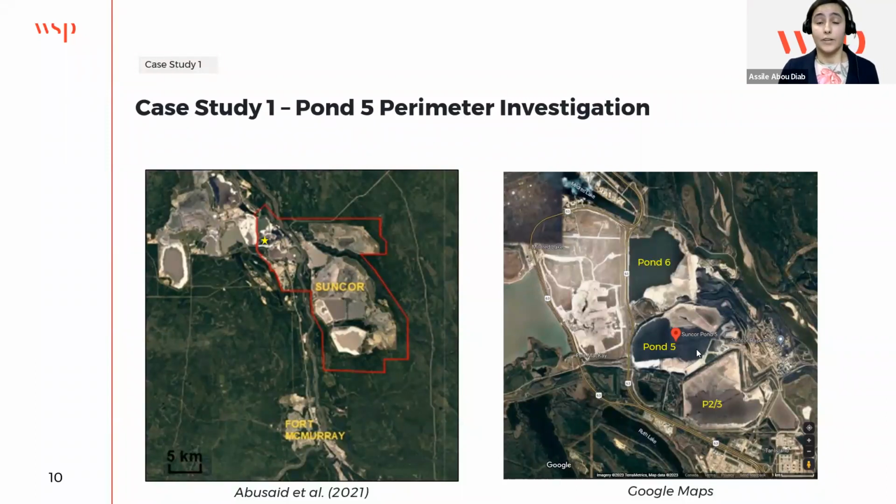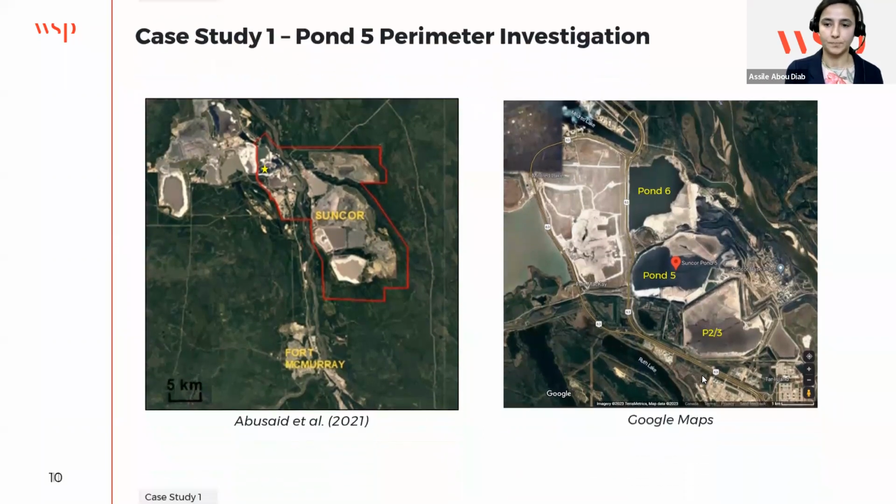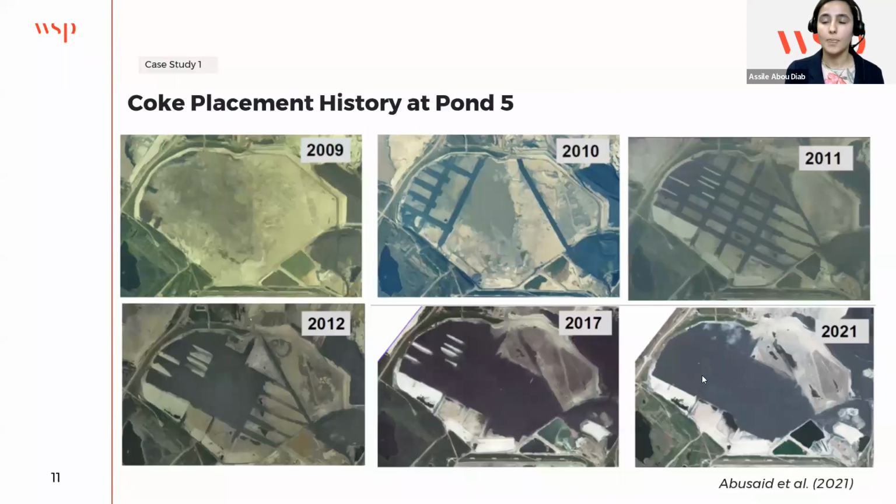These tailings are very, very challenging, because if you leave them by themselves, it will take years and years, like decades, to consolidate and settle. So they really pose a challenge for reclamation. Here at Pond 5, the technology being used is to cover the tailings with a coke cover.